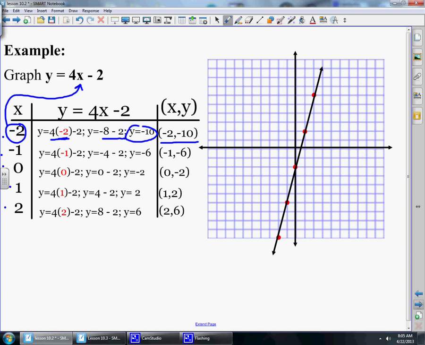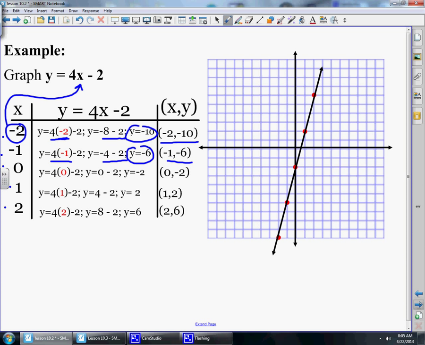That's the first point. Now I'm going to plug in -1 for x. 4 times -1 minus 2. 4 times -1 is -4. -4 minus 2 is -6. So we take the -1 and the solution that we got, -6. There's another ordered pair. Now we're going to go to the 0.